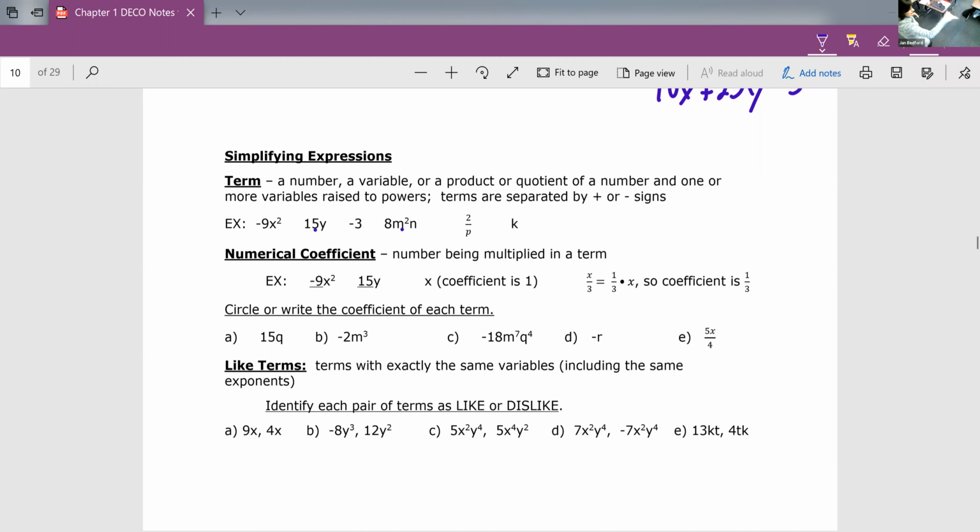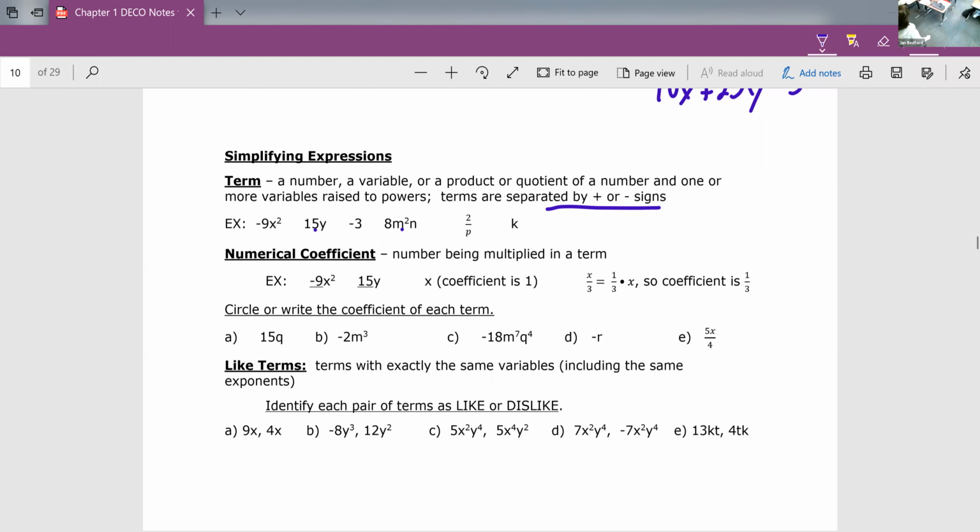If they're multiplied or divided, those factors or those quotients, that's fine. It's still just one term. But when you see plus signs or minus signs separating them, that means we've got more than one term. Okay? So you want to keep that in mind. Separated by plus signs or minus signs.